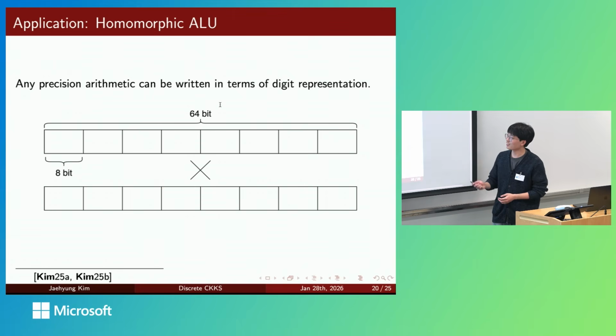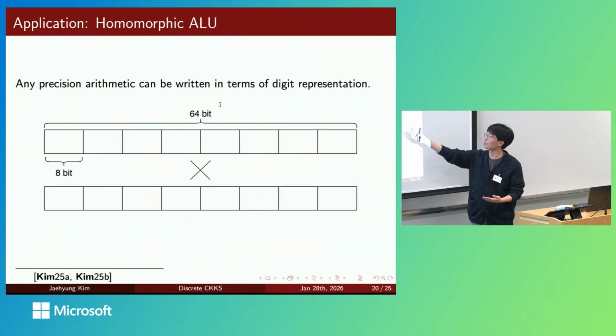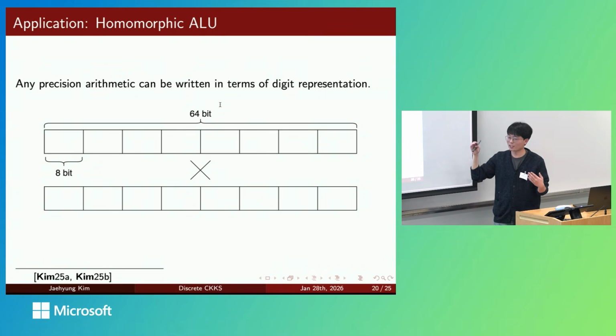Okay. And that is actually what I was going to explain in the next slide. So by representing a large message space as smaller chunks, you can enable any-precision arithmetic with a digit-style representation, and you can do textbook multiplication or multivariate-style interpolation and so on to achieve whatever arithmetic you want over this digit-represented data.